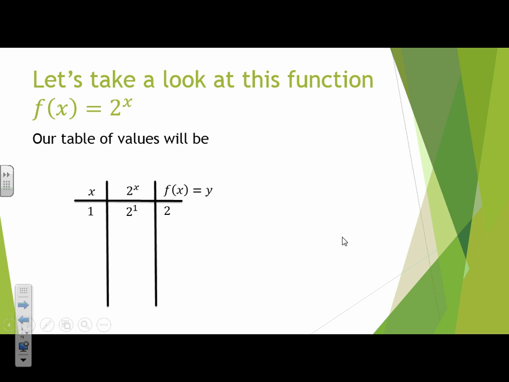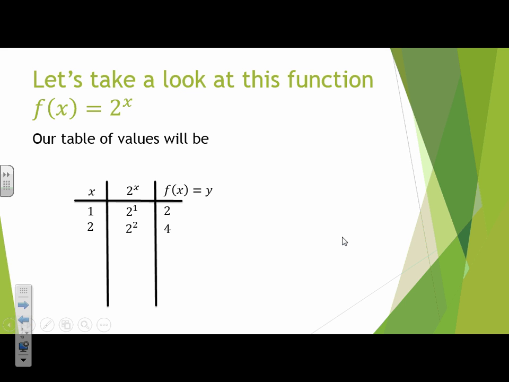Let x be equal to 2. Yes, in your table. So what's 2 to the power of 2? 4. Okay, so your input is 2. You substitute that into your equation. 2 to the power of 2 is 4. That's your output.